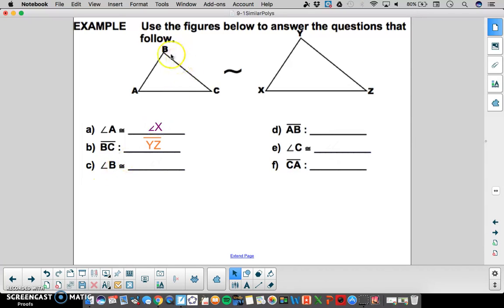Angle B is going to be corresponding with Y. And since we know they're similar figures, we know angle B is congruent to angle Y. Side AB is proportional to side XY.